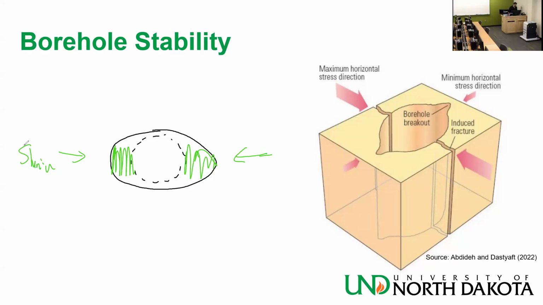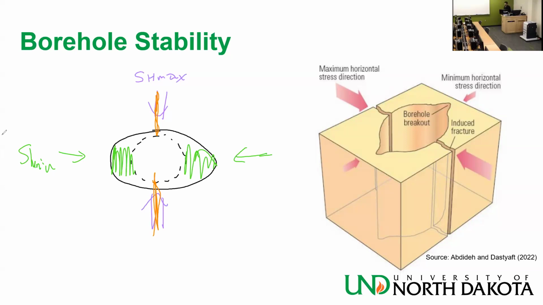Now, if this is a vertical section, this will be SH max, which is by definition bigger than SH min. And I'm going to have drilling-induced tensile fractures in this direction. It's going to look like this. And why are they in this direction? Because of something that we talked about earlier today.